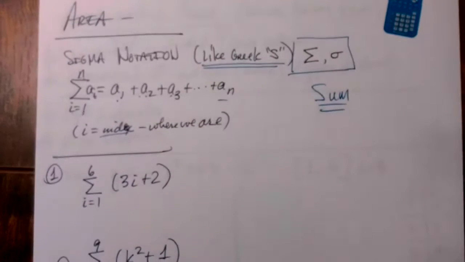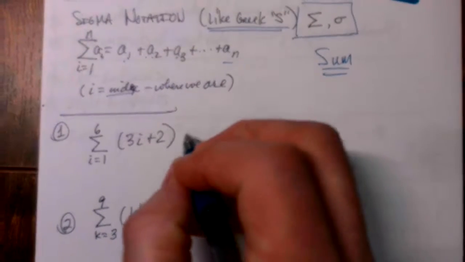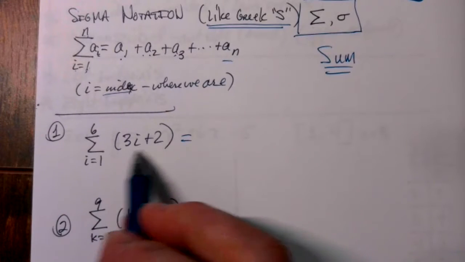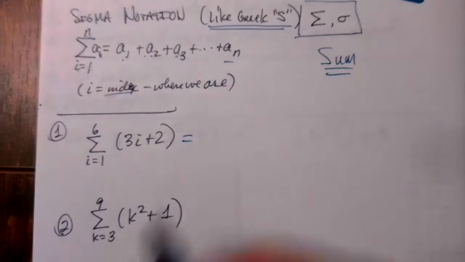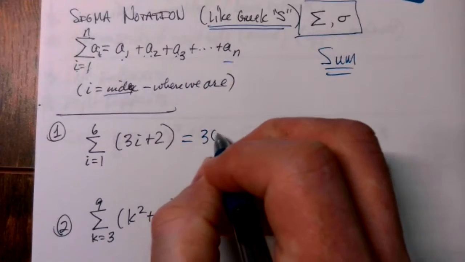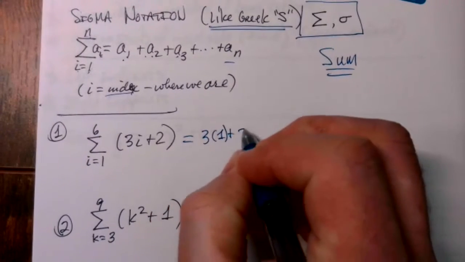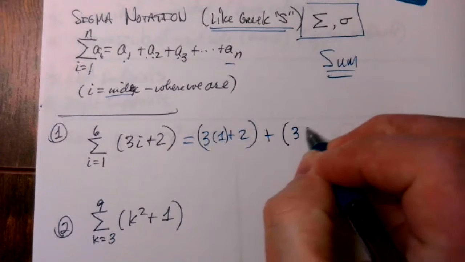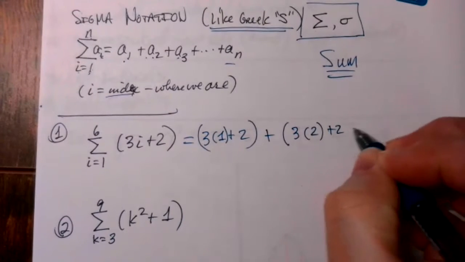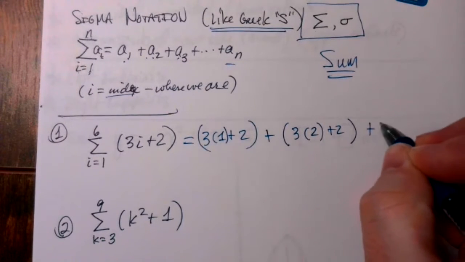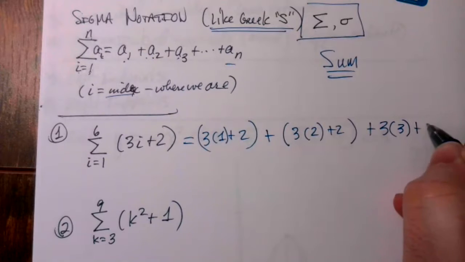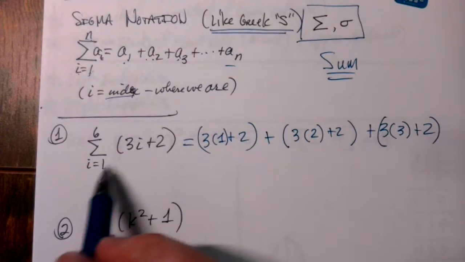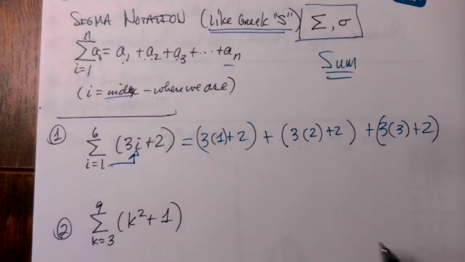Just as a quick little example to clarify this notation, we're going to start at 1 and go to 6 for 3i plus 2. So the first term is going to be 3 times 1 plus 2. The second term is going to be 3 times 2 plus 2. The third term is going to be 3 times 3 plus 2. So what I'm doing is literally substituting these values in.